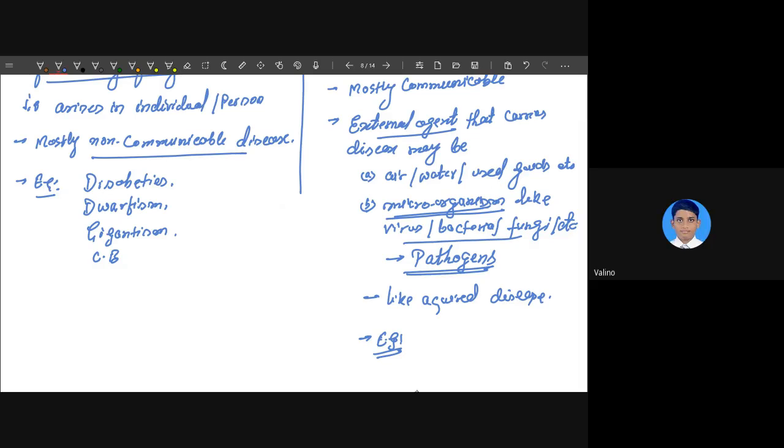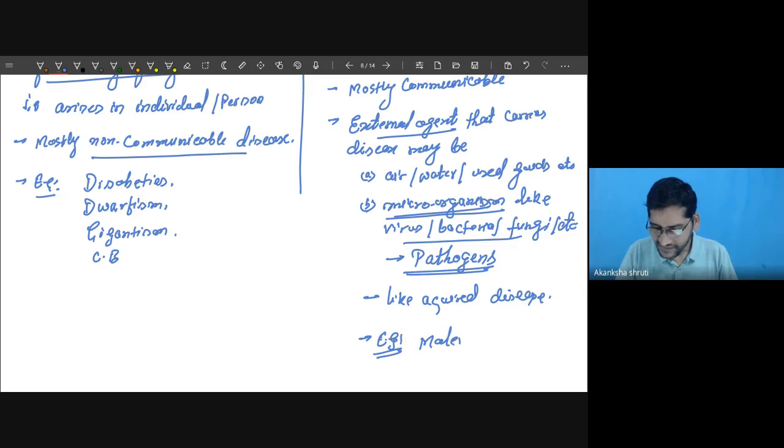COVID-19. Good, the Coronavirus. Malaria. Whatever the various communicable diseases that we have written can be written here. Malaria is caused by protozoa. The other? Corona. Very good. Others?